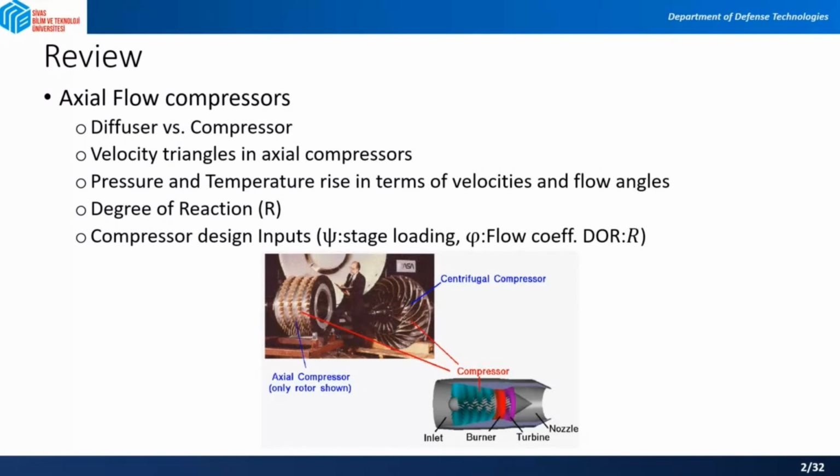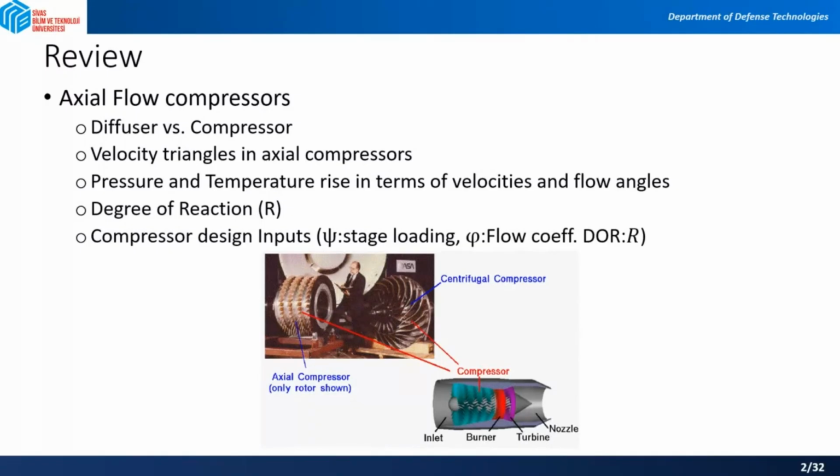Also, we started seeing the velocity triangles in axial compressors, and there we came up with relations that were trying to relate the pressure and temperature rise in terms of velocities and flow angles inside the compressor.